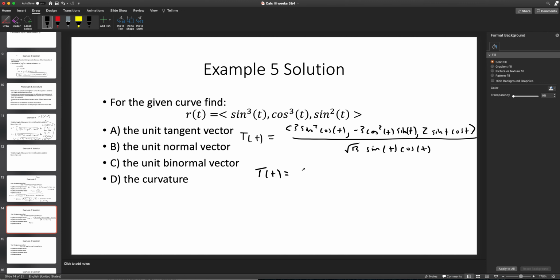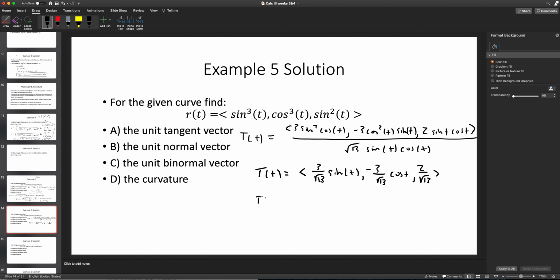So we get 3 over root 13 sine t, negative 3 over root 13 cos t, and we just get 2 over root 13 for the final component.